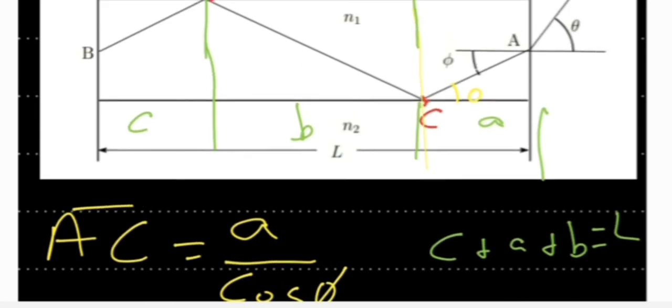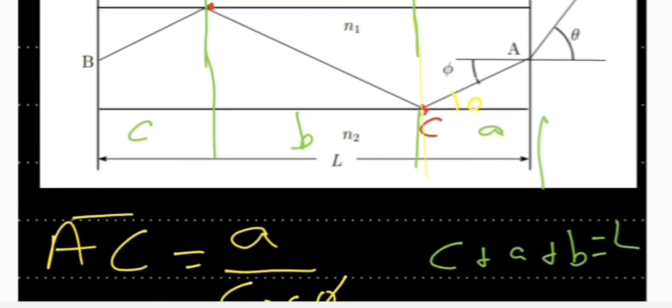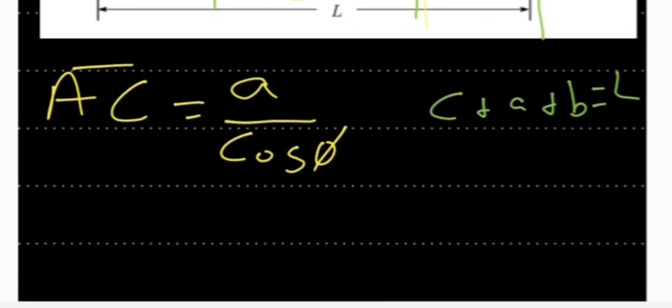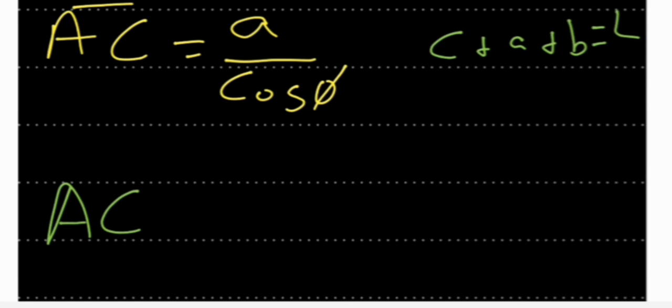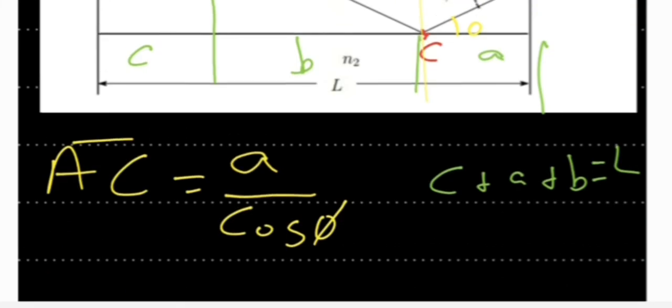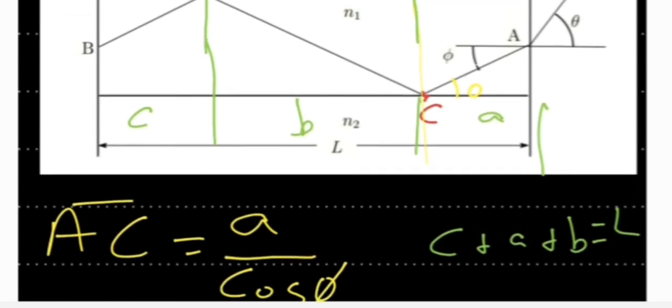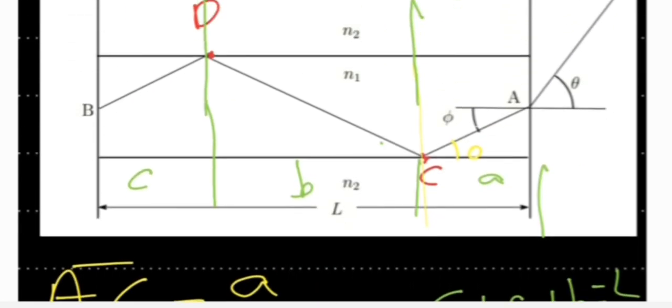So for the next beam of light, CD. CD is equal to what? To b divided by what? By a cosine of an angle. What angle? Well, this angle is phi also.